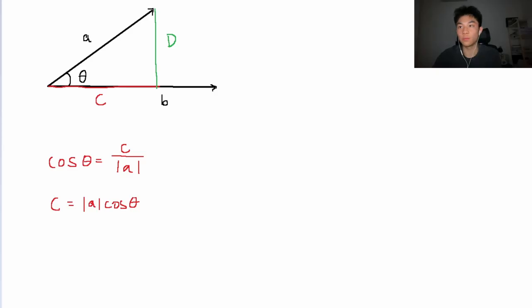And if you remember our formula, cosine theta equals A dot B over the magnitude of A times the magnitude of B. If we multiply both sides by the magnitude of A, we're going to see that our A's cancel on this side.